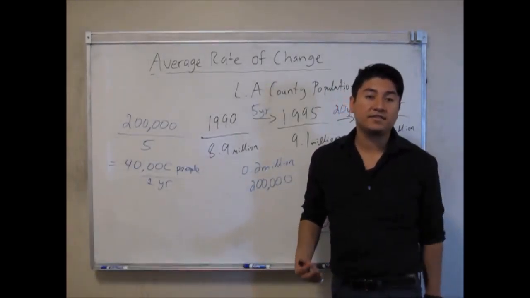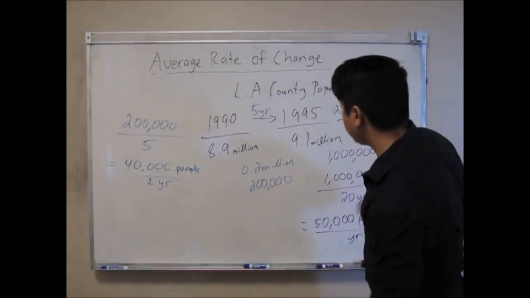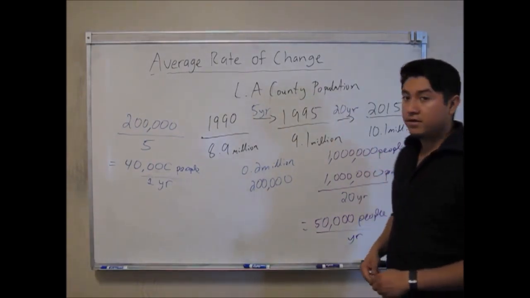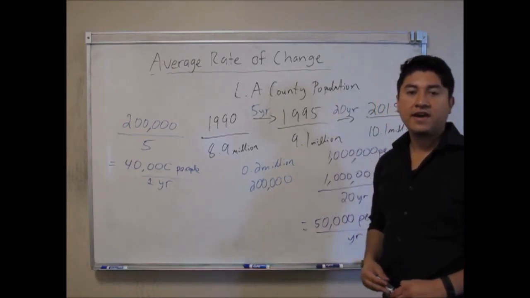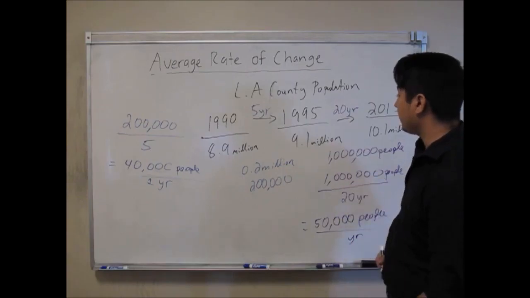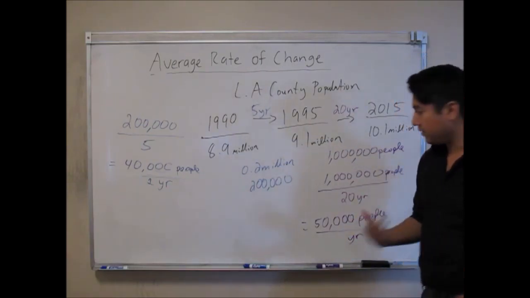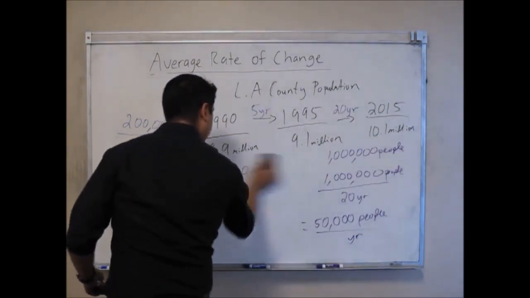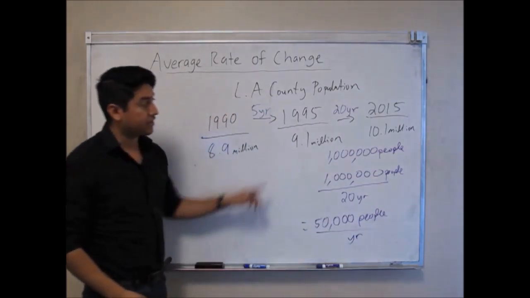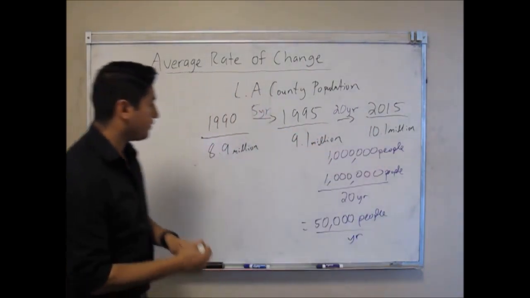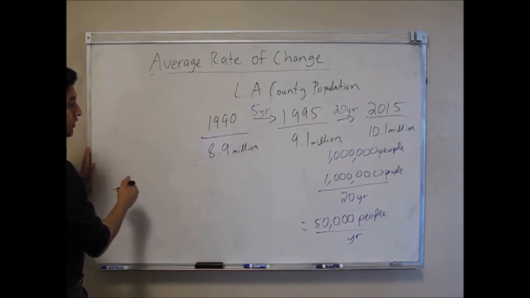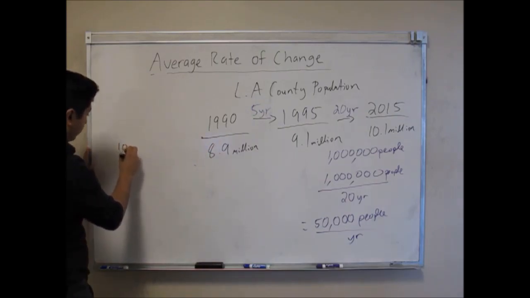Notice that in the last two examples, we could have taken the difference between the distance, or in this case the population, and divided it by the difference of the corresponding years in which it occurred. Let me write that out for you. Let's take the case from 1995 to 2015. In 2015 we said there was 10.1 million people.